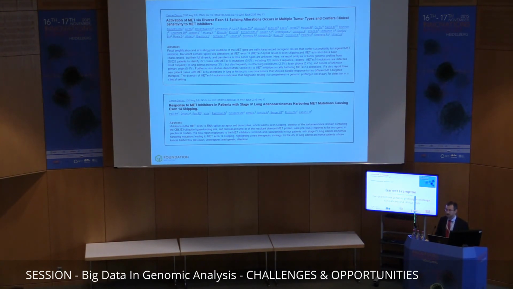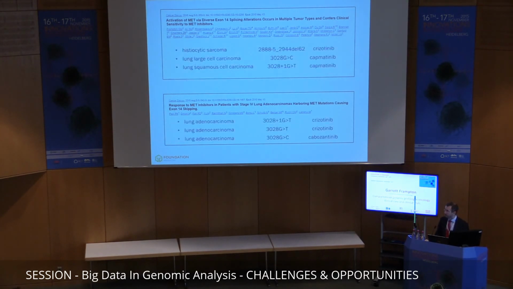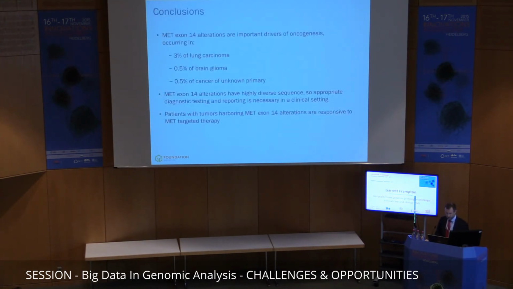But excitingly, there's now several different clinical trials underway to identify what are the best targeted therapies for these patients. Yeah, and so this is just the details of the patient cases that were highlighted here. So just to summarize the MET exon 14 story, these are important drivers of oncogenesis that occur in about 3% of lung cancers. They have remarkably diverse sequence composition, I think really 120, everyone is different more or less.